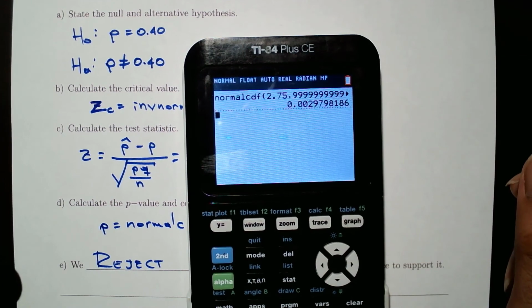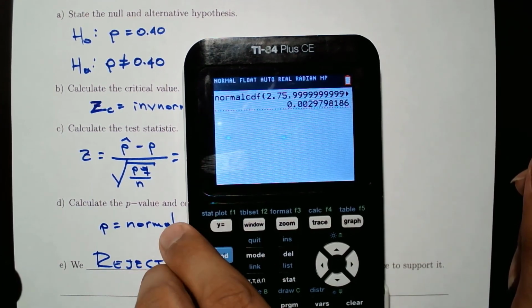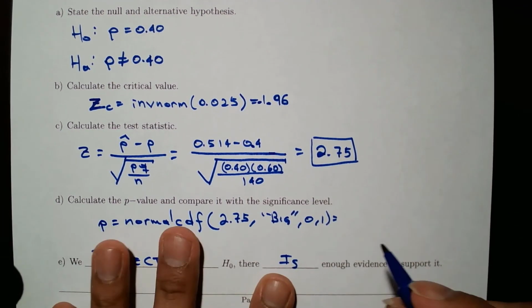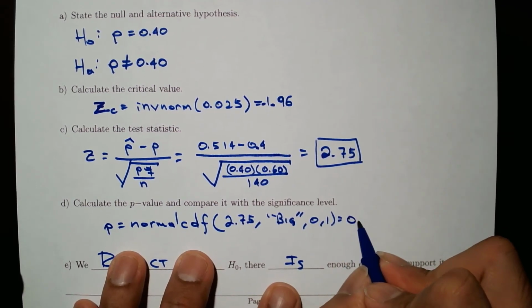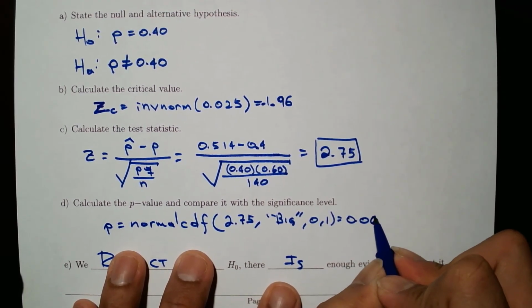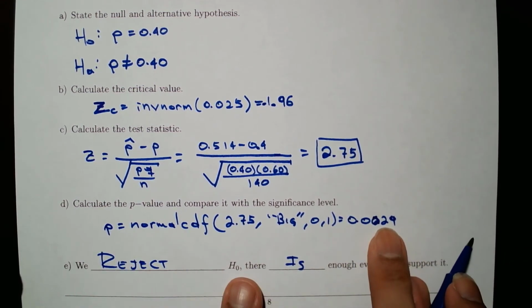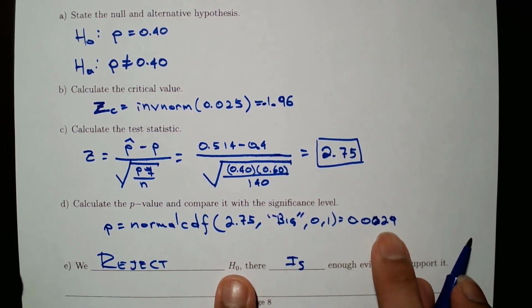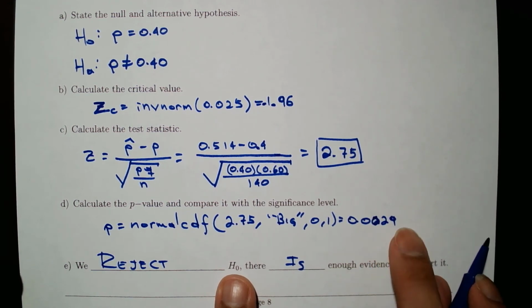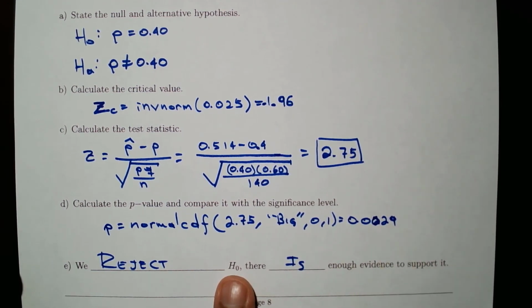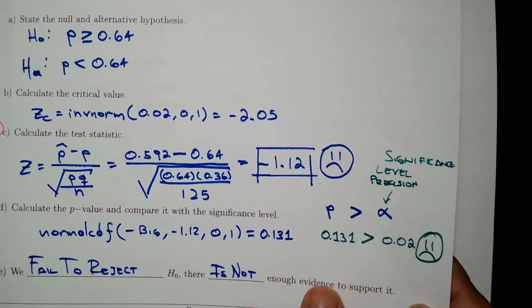Paste and enter. I get 0.0029. Really small number. Do you see the precision here? We got a really low p-value. That means we did a good job. That means this experiment didn't go badly like the one we did before.